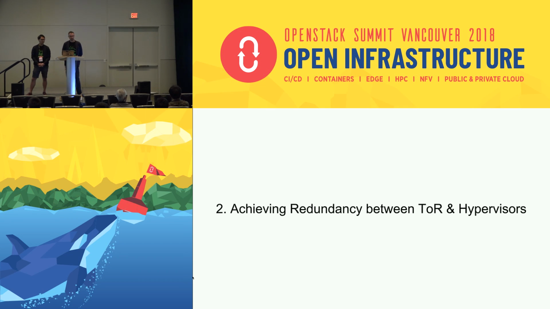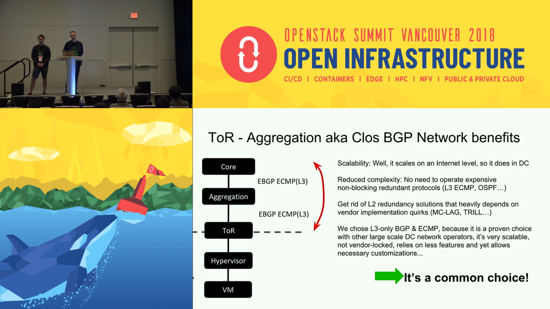I explained before how we use the Clos and BGP architecture, but what does it have to do with OpenStack? From now on, I'll try to share a little bit more detail about that. As we mentioned earlier, we chose BGP for DC redundancy as well as scalability, because that's the most important thing for us.